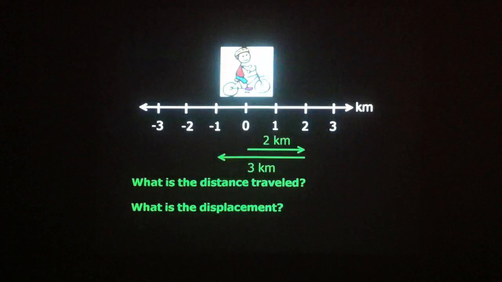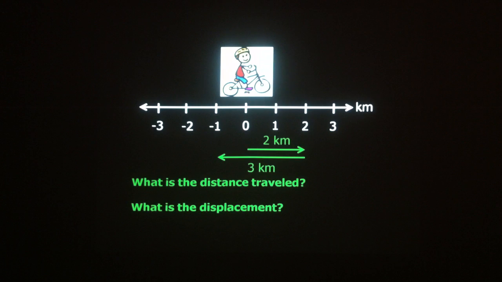Let's look at an example. Here we have a bicyclist who is starting at 0 kilometers and is going to travel 2 kilometers in the positive direction, maybe going to the store to buy something, and then traveling 3 kilometers back in the opposite direction, maybe going to a friend's house.